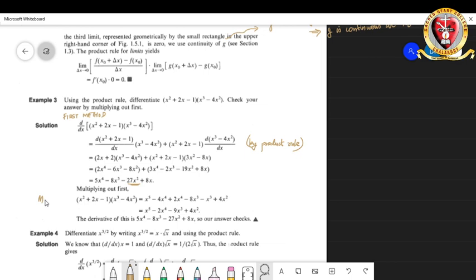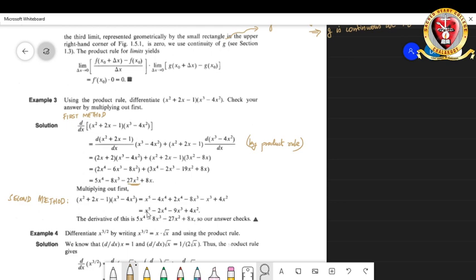Now method 2, the second method. We are going to first of all multiply the two terms. When you multiply, you get x raised to 5, and simplifying you get x raised to 5 minus 2x raised to 4 minus 9x cube plus 4x square. And you have to take the derivative of this term.